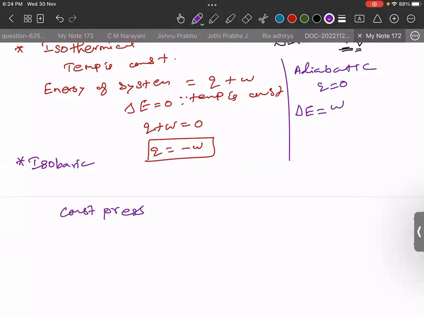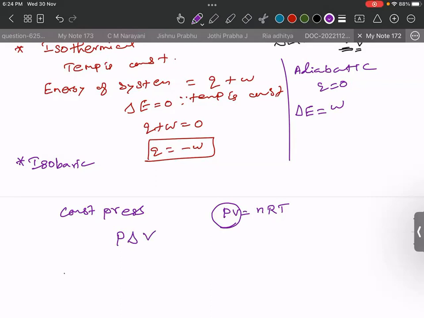Okay. So PV is equal to nRT. This is the gas equation. That PV we have taken, we are considering as work done. Work we take as force into distance, so pressure into volume. Now the pressure is constant, the volume can change, no? So P into delta V.